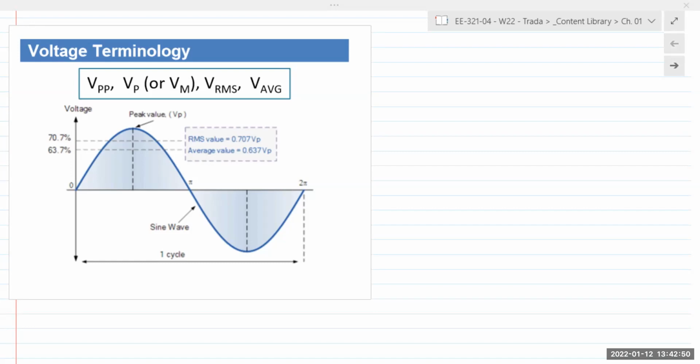What's on the y-axis? Well, voltage, but what if it's current? A smart answer. What quantity are we talking about? Amplitude. What was the other word for amplitude? Magnitude. So VM stands for magnitude.